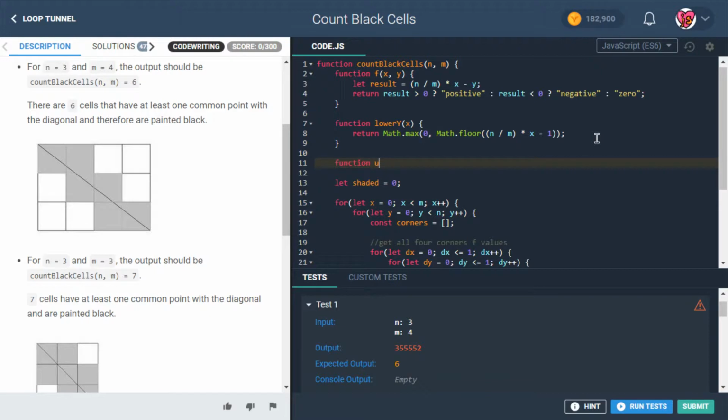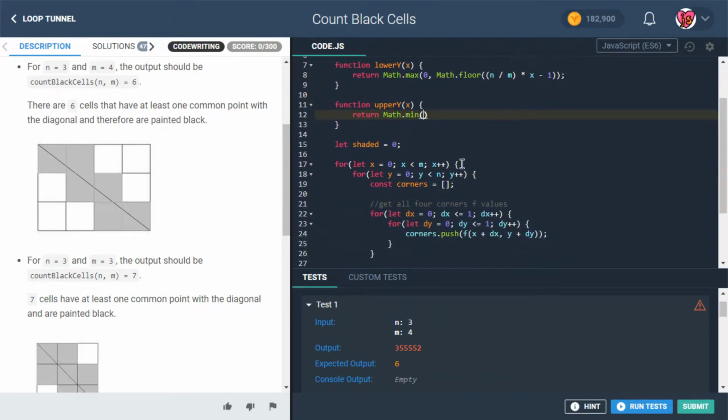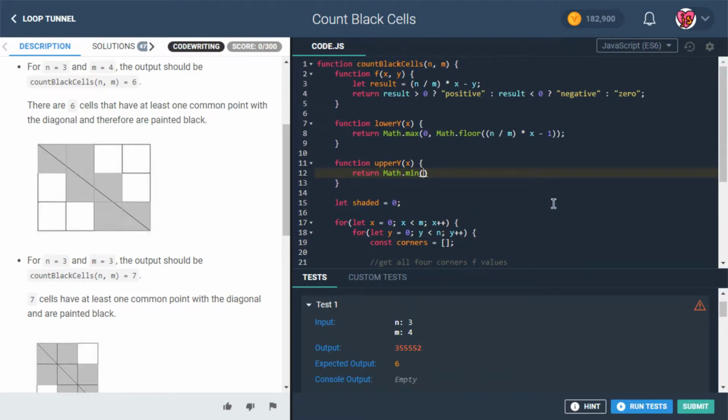And then we'll say upper y, which will also take in a value of x. And this time we're going to return math.min of, okay, which one are we treating as, okay, so n. It doesn't want to be, n minus 1 actually. It shouldn't be as big as n. Okay, so n minus 1, there we go. And what else?